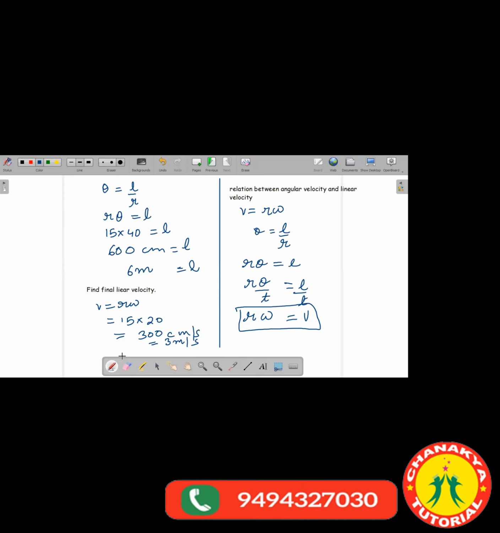Yeah, you have a question. What is the angular speed in radian per second of a flywheel making 300 RPM? Okay, just do this question. See, the question is, what is the angular speed of a flywheel which is making 300 RPM?